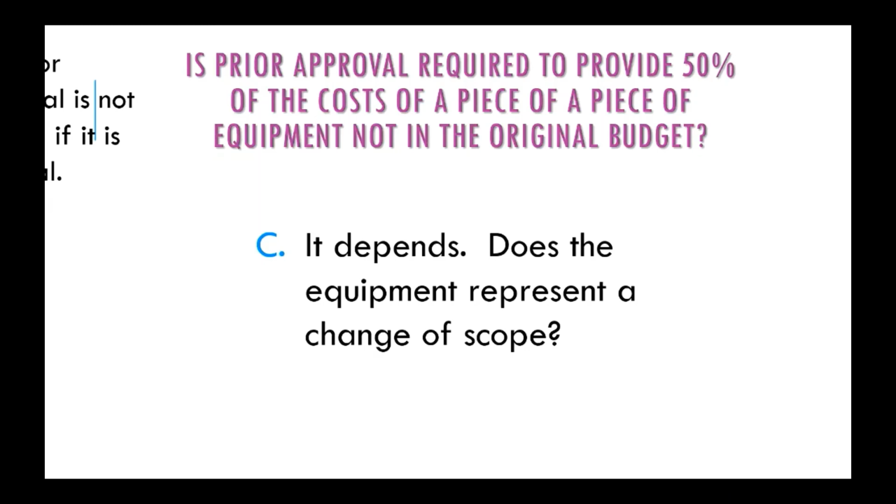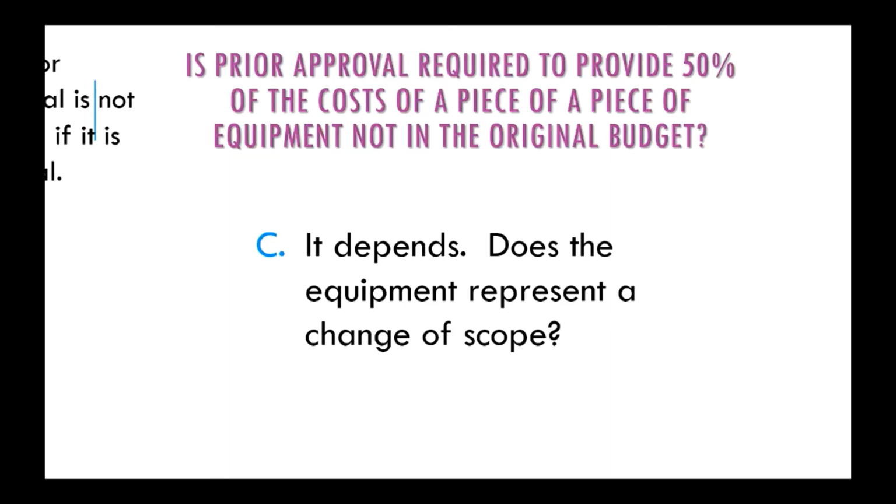Now, an example: wouldn't a piece of equipment always be a change of scope? Well, let's say an essential piece of equipment breaks and needs to be replaced. That would not be considered a change of scope.